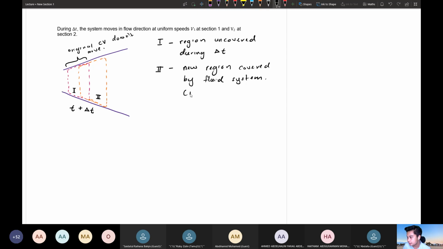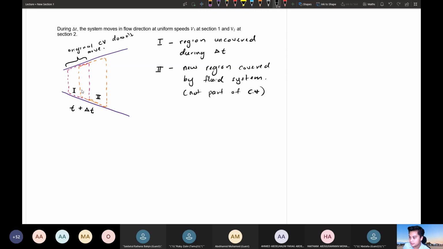Okay, so this is not part of the control volume. Alright, why not part? Because the control volume is always fixed. Okay, it is not part of the control volume.